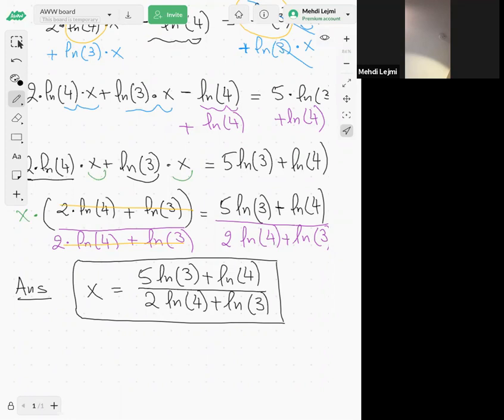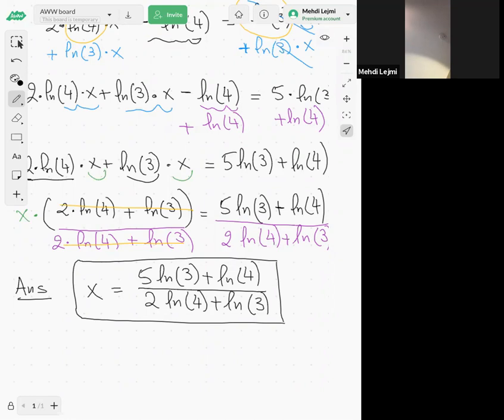If you have a calculator, you can compute natural log of 3 and natural log of 4. For example, natural log of 3 is, let's say, 1.2 or 1.3 or whatever. Then you can just multiply 5 by 1 point whatever, plus etc. Just keep in mind this natural log of 3 represents some decimal, some number, and the same for natural log of 4. It's just some number, right?